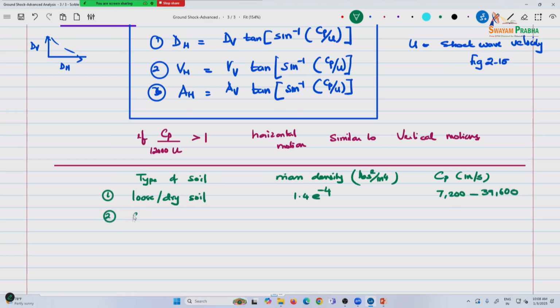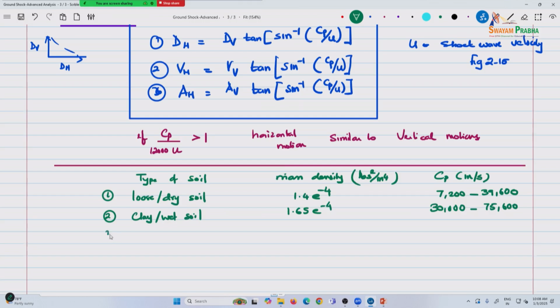Another common soil is clay or wet soil. The densities are similar, at least in order, but the Cp values range much more, much different from loose soil.